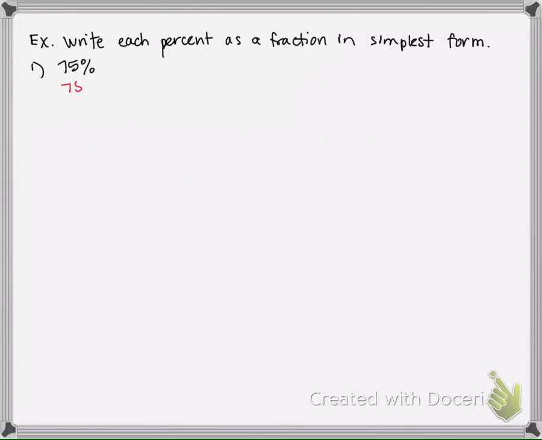Keep the 75 in the numerator, and you put it over 100 always. Then you just reduce. I can divide a 25 out of each of those because I know my money. 75 divided by 25 is 3, and 100 divided by 25 is 4. And that's it, you're done.